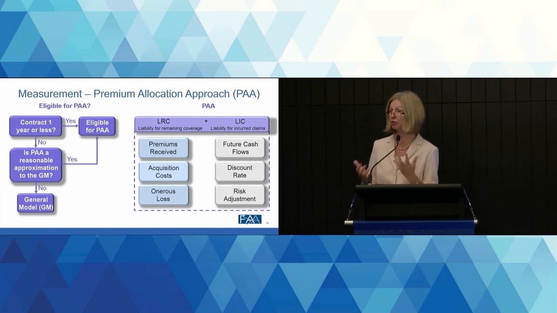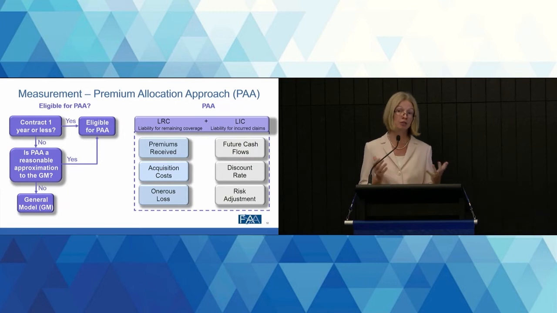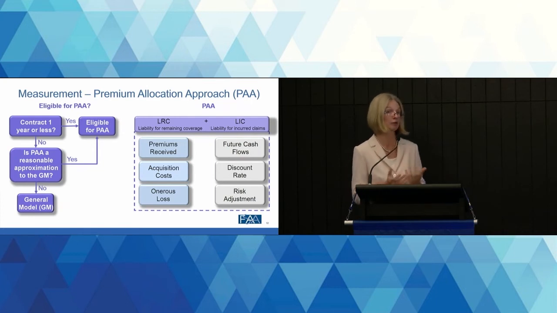So you don't actually need to do a calculation to determine whether you have got a loss or are expecting a profit. You just need to use your existing management information or other sources to determine whether you have got facts and circumstances. And if they don't exist, you can assume that that cohort of contracts is expected to be profitable throughout its life.